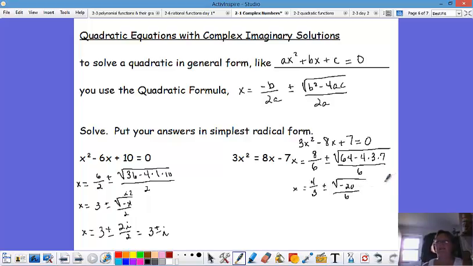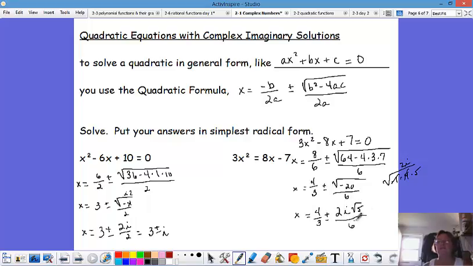I usually would not write this, but that's -1 times 4 times 5. I can take the square root of 4. I can take the square root of -1, and that 5 is left under the radical. So our x's are going to be 4/3 plus or minus 2i times the square root of 5 over 6.